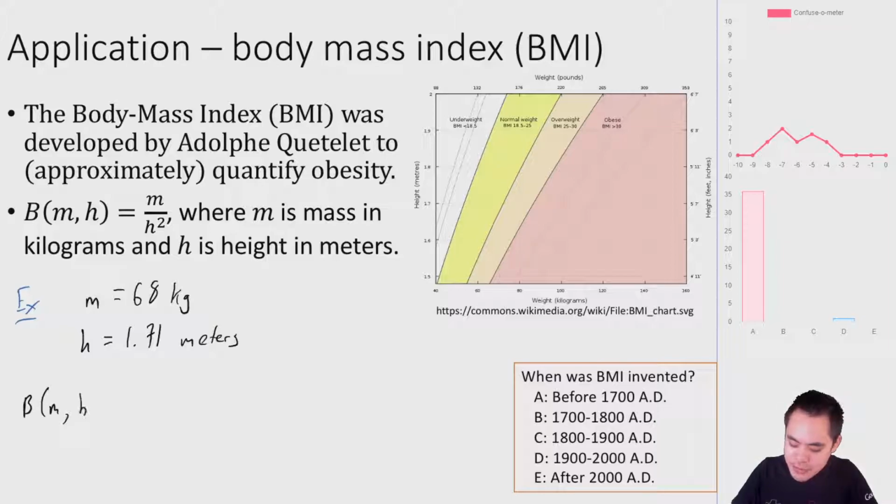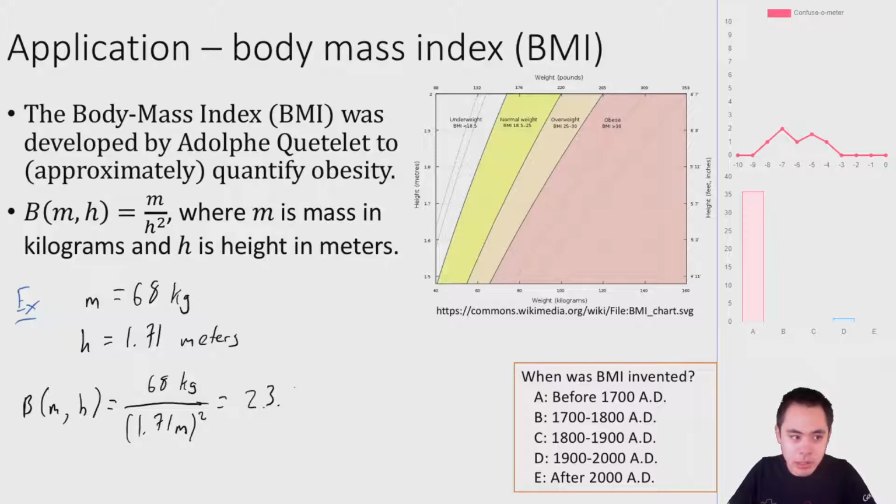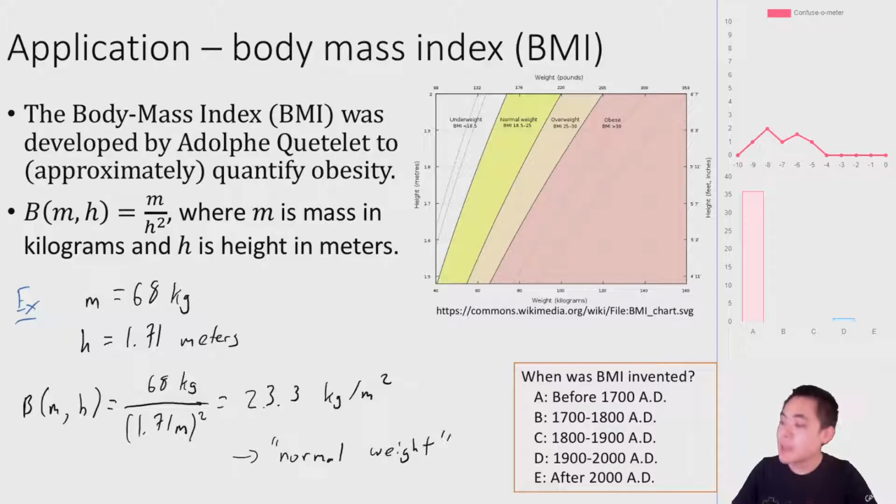So B of mass and height is equal to 68 kilograms divided by 1.71 meters squared. So that will be equal to 23.3 kilograms per meter squared. So this is normal weight by this definition. So this is a very imperfect proxy, but it is one of these functions that you may use.